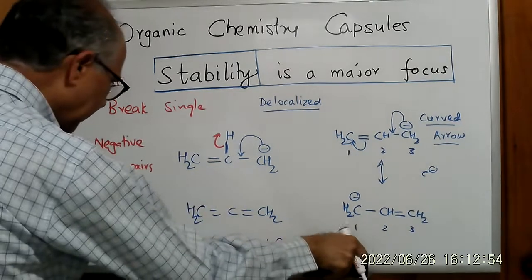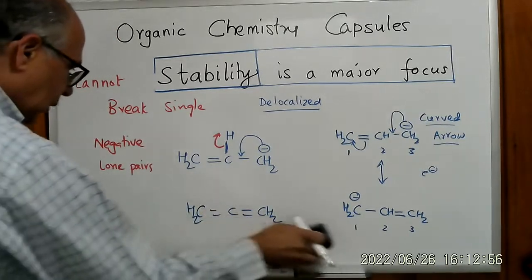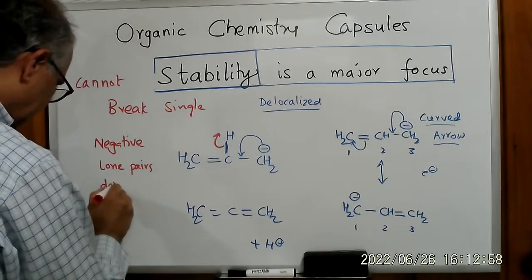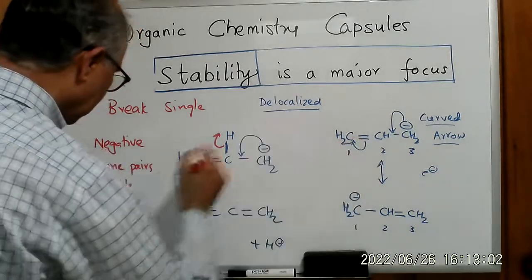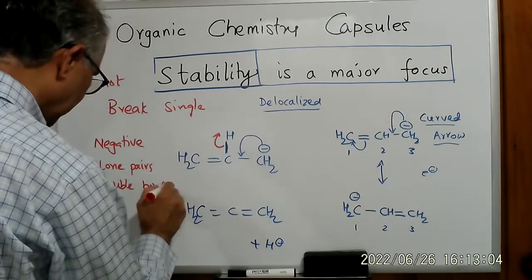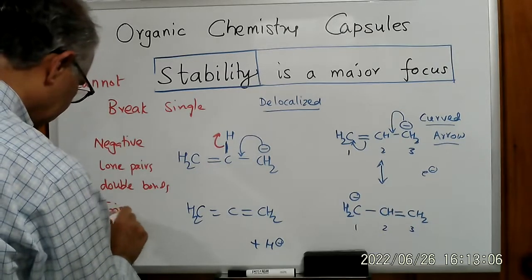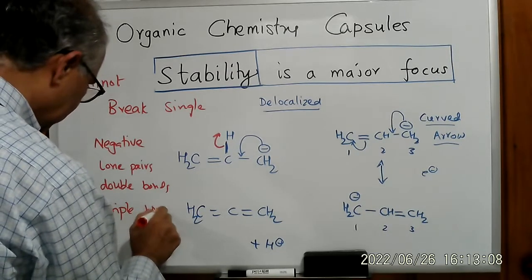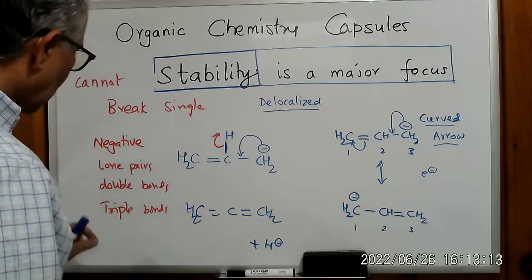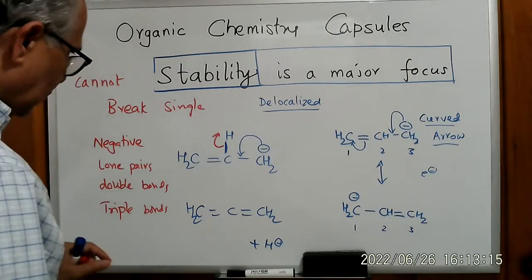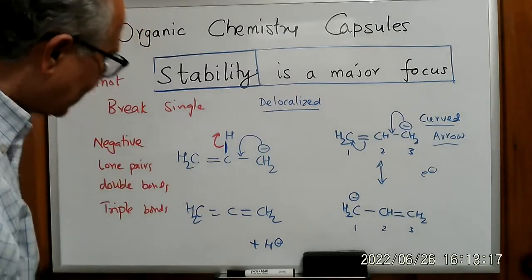So you can move lone pairs if necessary. You can move double bonds and triple bonds. You see, you moved a double bond here, and sometimes, if the structure involves triple bonds, you can move one of the triple bonds. These are the things you can move. Okay? You cannot break single bonds.